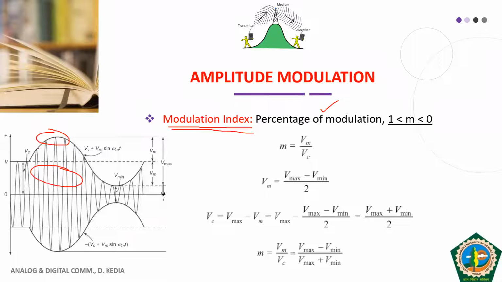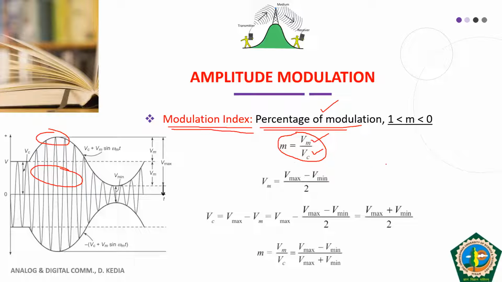It is the information signal which is giving us the modulation onto the carrier. So the modulation index tells us how much percentage of modulation has taken place, and this is measured in terms of the parameter m, which is equal to Vm by Vc. Vm is the amplitude of the modulating signal, and Vc is the amplitude of the carrier signal.